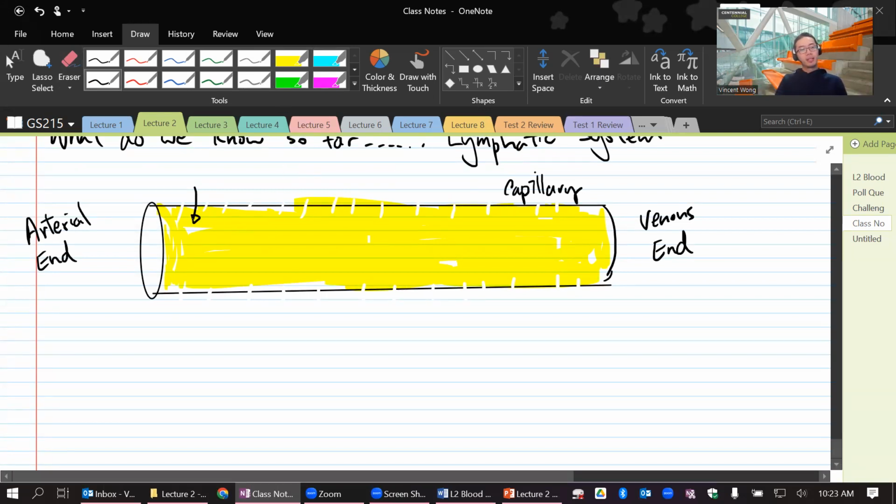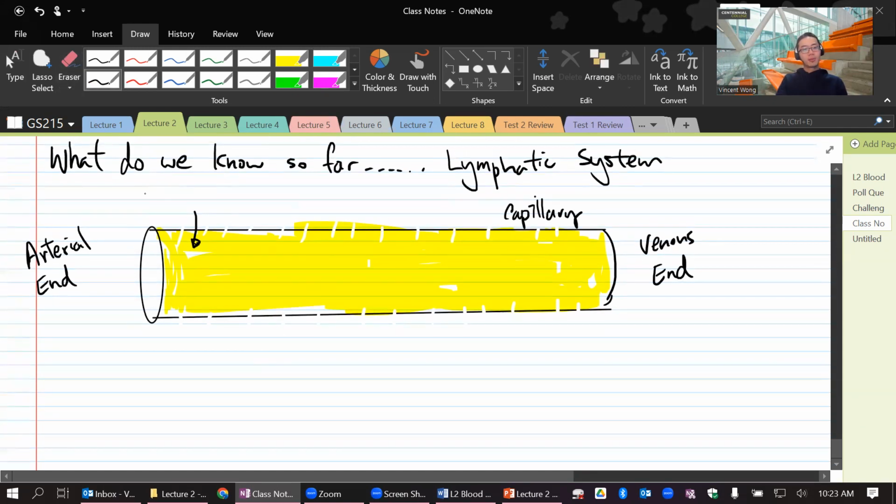Anybody remember? Plasma. That's right. This is plasma. It's essentially the fluid portion of blood. Plasma makes up about 55% of your blood, right?